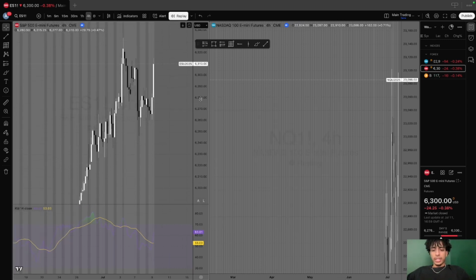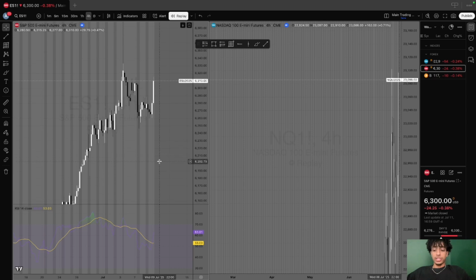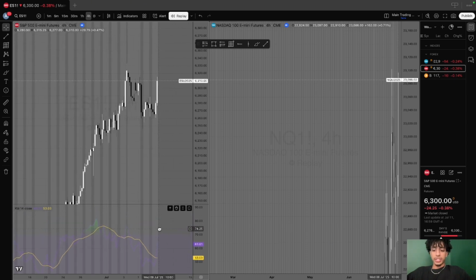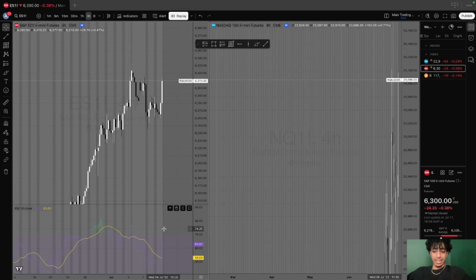But essentially it just tells us when we are overextended, when we are overbought and oversold. Now these colors are awful, so you really can't see anything. But this green, when we surpass this line right here, and I'm not going to sit here and explain it because I don't even use this, but this is just for you to understand what overextended means.